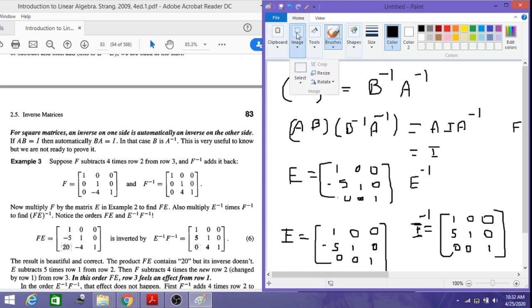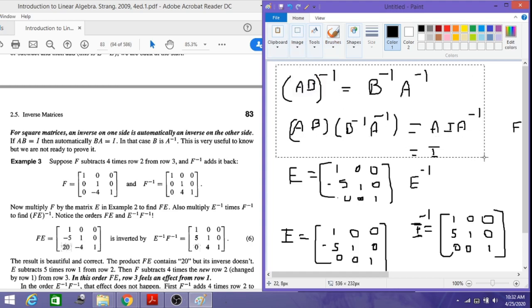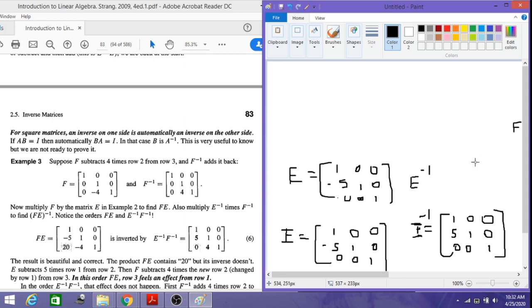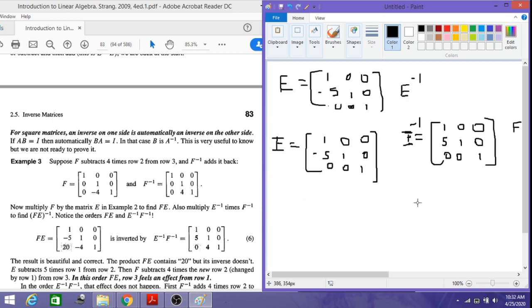Now let us see something interesting here. I'll just remove this part which is not required, and I'll move this entire thing above. Okay. So now what about E into F? If we try to find that E into F, what do we get? E is this matrix.